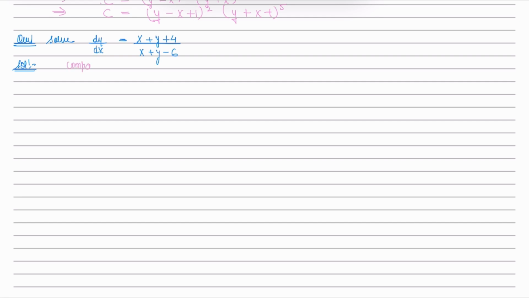Comparing the given differential equation with dy by dx equals (ax plus by plus c) whole divided by (a'x plus b'y plus c'), we get that a upon a' equals b upon b', which equals 1, and from here we can see the value of m is 1.